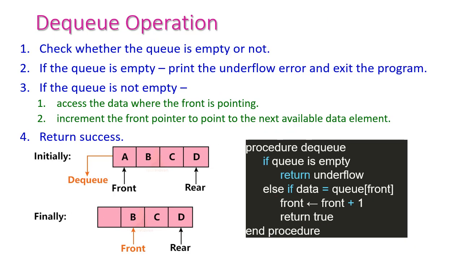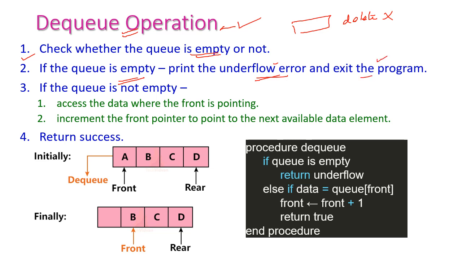The next one is the dequeue operation. The opposite of enQueue is the dequeue operation. Here we are deleting an existing item from the queue. The first step is to check whether the queue is empty or not. If the queue is already empty, then we cannot delete an item. If the queue is empty, then print an underflow error and exit the program.